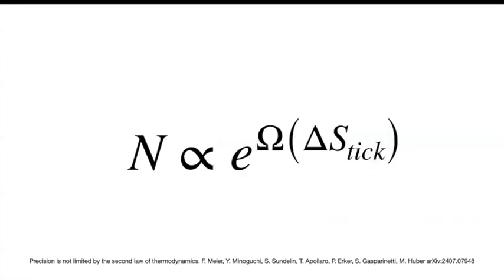But what Florian and Yuri could show in this model was that the accuracy is not linear in the entropy production, but exponential. So what we get is an accuracy that is not bounded linearly by the entropy production, but only exponentially, which means that this scales a lot better.